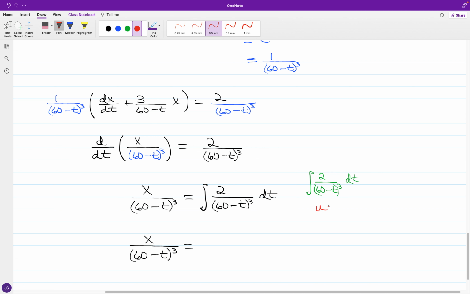I'll just use u substitution since the derivative of 60 minus t goes to -1. So I have u is equal to 60 minus t. And we have that du is going to be equal to negative dt. Whereupon we're going to have the negative of du is equal to dt.